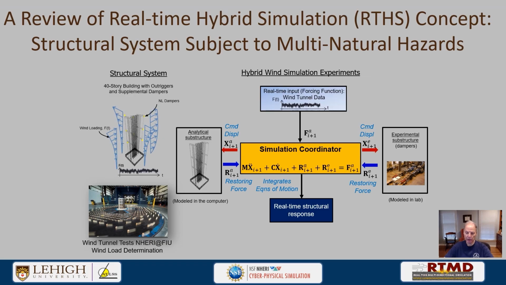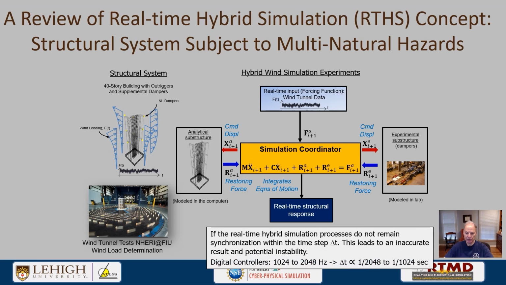If we want to look at wind loading, in this case aerodynamic wind loading, predefined, we can do so by redefining the right-hand side of the equal sign in the equations of motion, the forcing function. We need to have this whole process remain synchronized, and so everything has to be completed within the time step, for each time step.